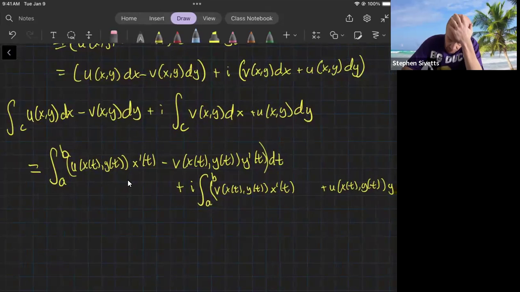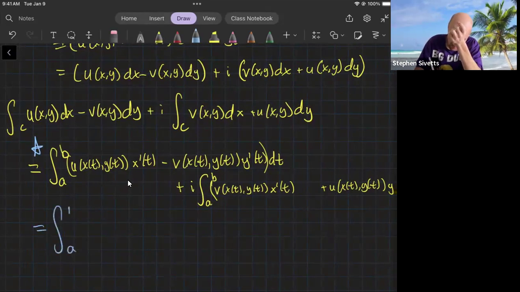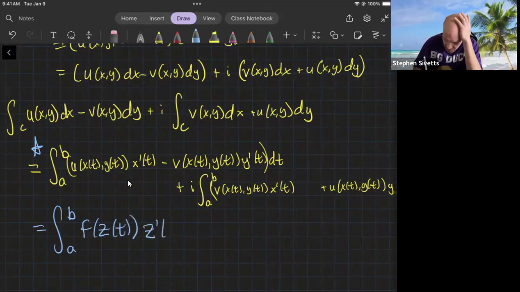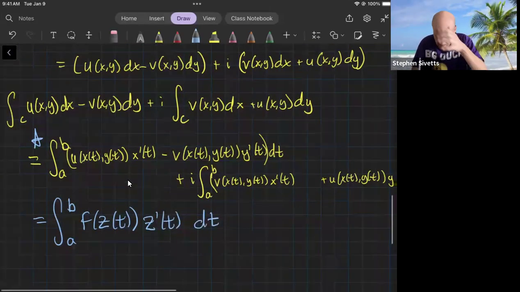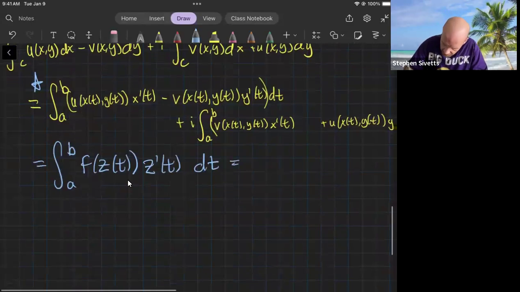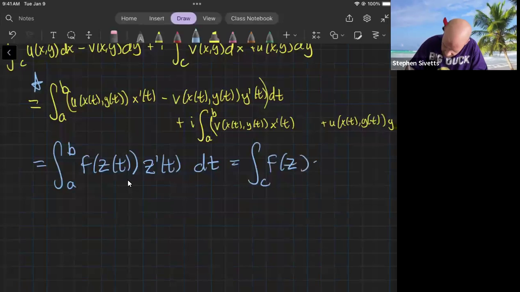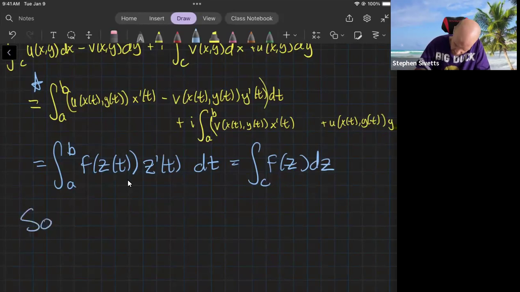So this big quantity right here is just another way to express the integral from a to b of f of z of t times z prime of t dt. And this is how we would define a complex line integral of f of z dz.